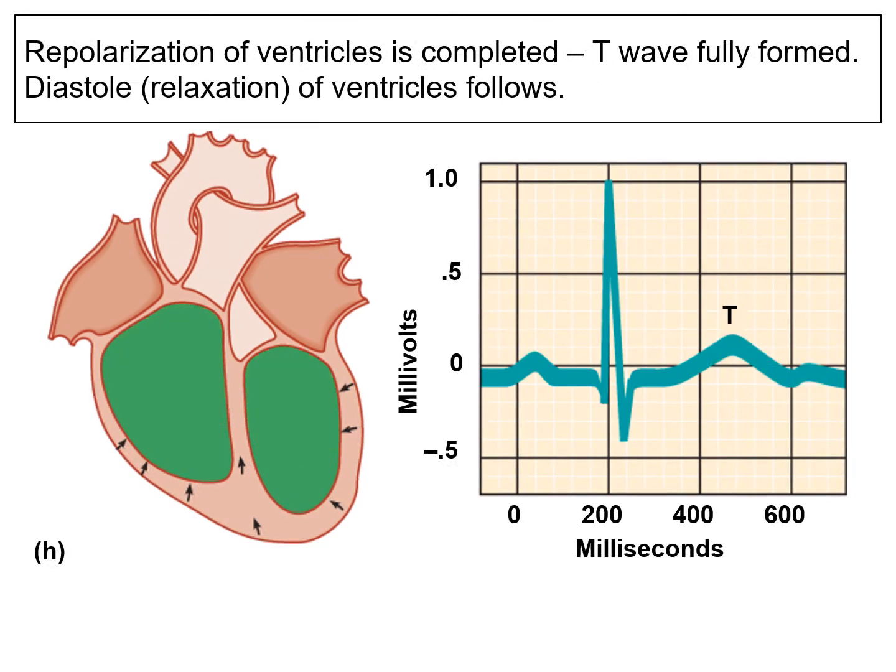We have full repolarization of the ventricles that will lead to relaxation or diastole, and that's depicted on the EKG as what's called the T wave, this big upward flow of the pen. T wave is repolarization of the ventricles.